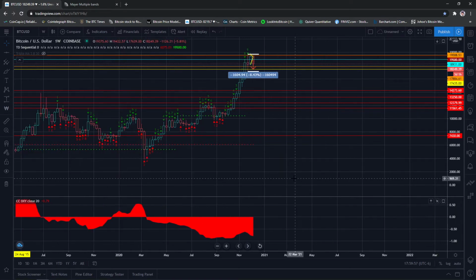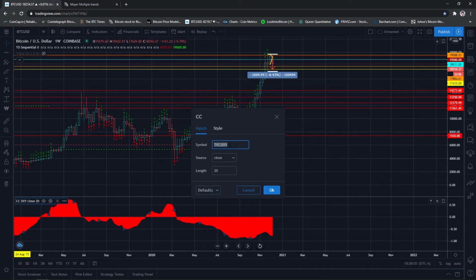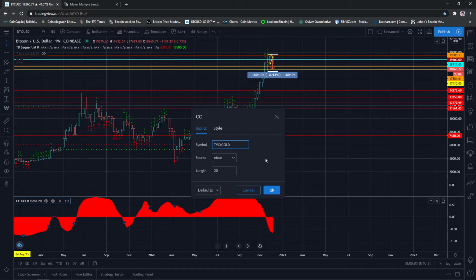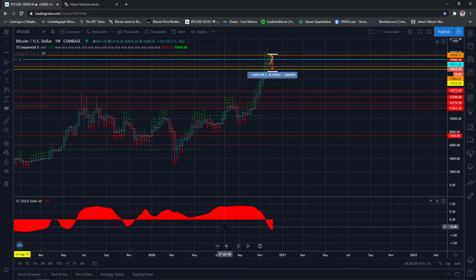So yeah, you can also do this with anything. So I can do this with gold. I can compare Bitcoin to gold. And right now, which is kind of weird, if you feel like they're both inflation hedges, they should move up together. And here they did. And then as of late, they're kind of inversely correlated. Again, it's not above 0.7, so you can't really say.